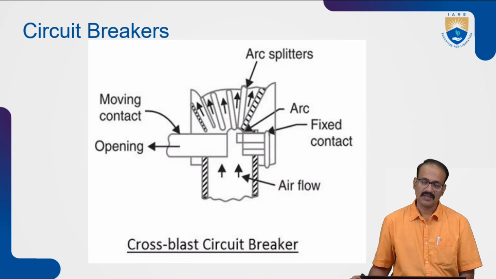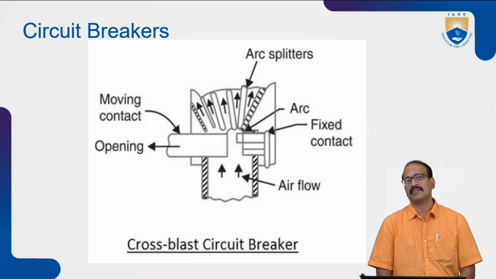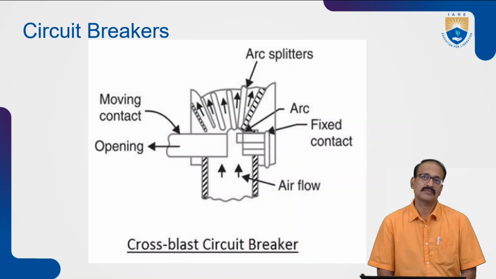The main advantage with the air type of circuit breakers, especially in the air blast method, is that it will sweep the arcing products and avoid the restriking of the arc.